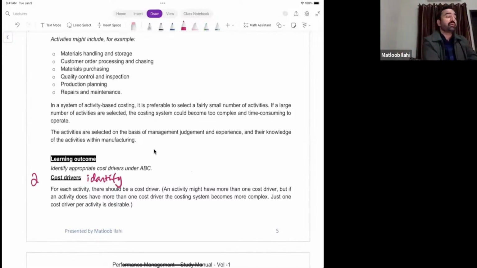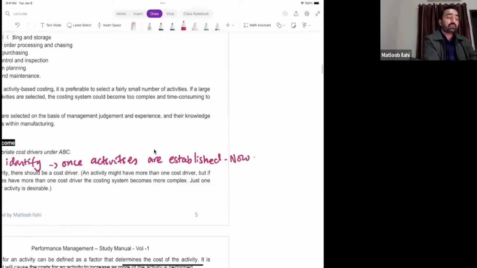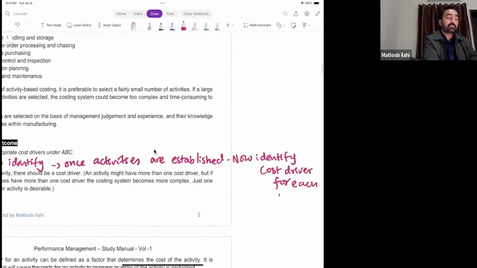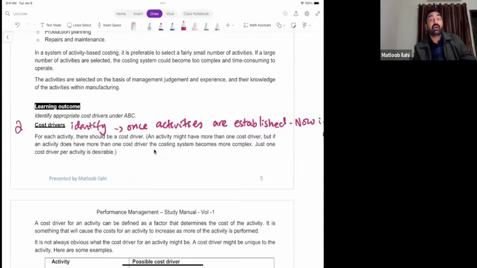Once activities are established, now identify cost drivers for each activity. For each activity, there should be a cost driver.